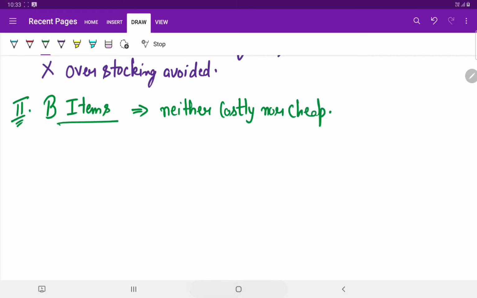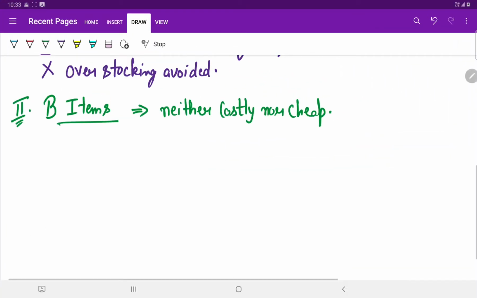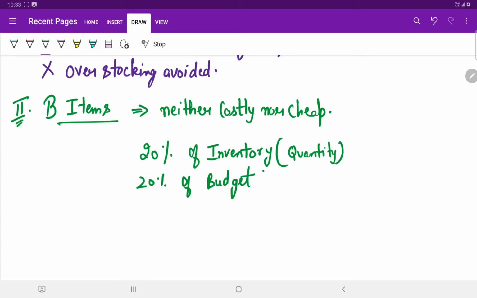So they constitute around 20% of the total quantity of inventory if we calculate in terms of quantity, and around 20% of the budget for inventory if we calculate it in terms of cost.